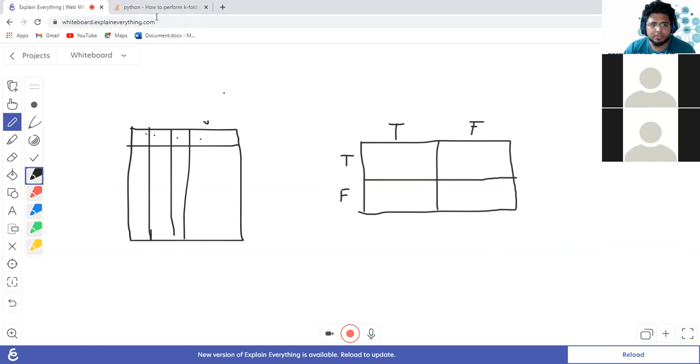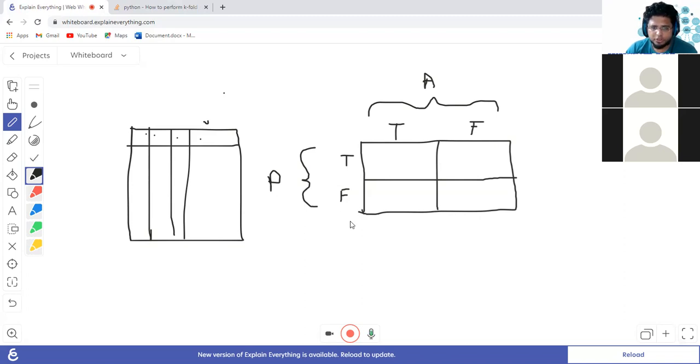Imagine this is the predicted and this is the actual. That means actually the person had heart disease, true or false. The model predicted the person has heart disease, true, false.